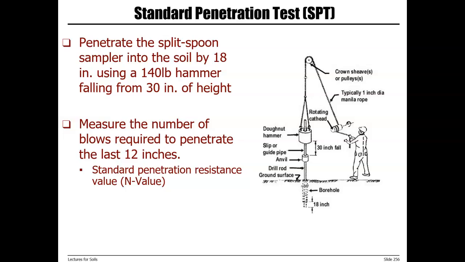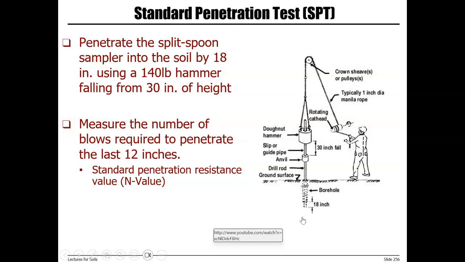Okay, so the field test. The first field test that we will look at is a standard penetration test, or SPT. You can see the test setup here in this picture. The SPT test is one of the most commonly performed field tests that is used to evaluate bearing capacity of soil.